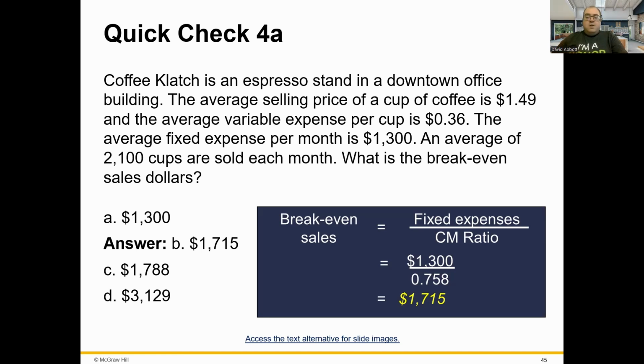So 1,300 is our fixed expenses, and they told us that. And then the contribution margin ratio we figured earlier is 0.758. If we divide those out, then they have to have at least 1,715 in sales. So 1,715 is the break-even point that they would need in sales in order to cover both their variable and their fixed expenses.